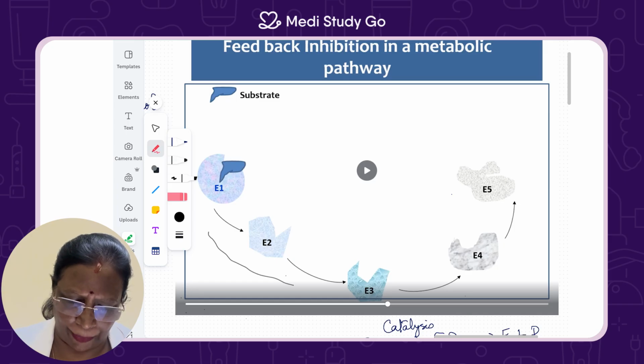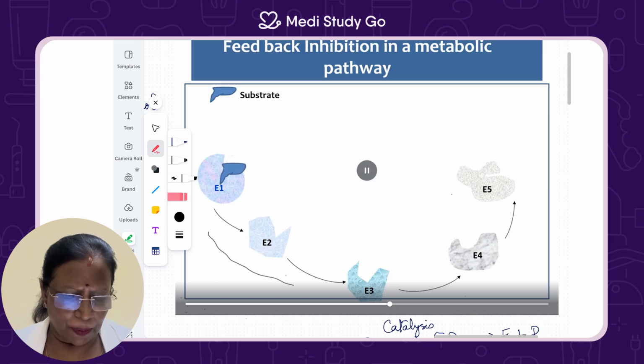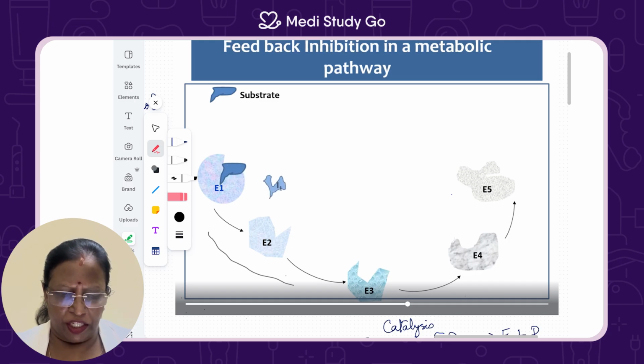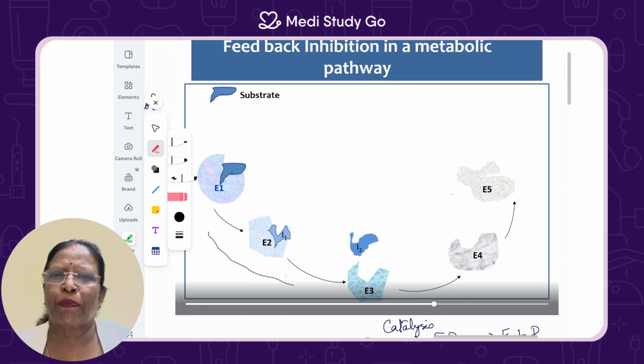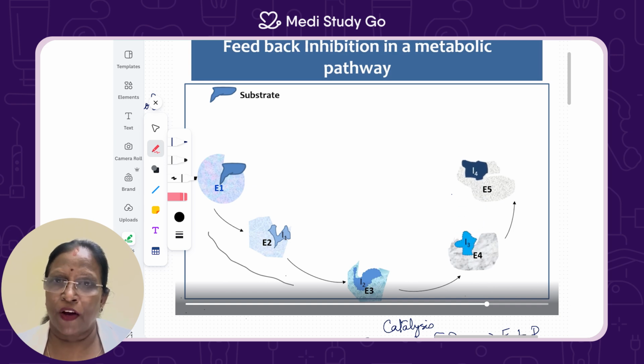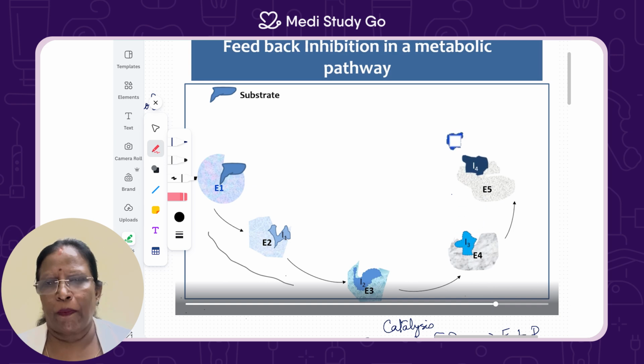So let's see what will happen. Now the substrate will bind to the active site of enzyme 1, give rise to intermediate 1, which binds to enzyme 2, gives rise to intermediate 2, which binds to enzyme 3, gives rise to intermediate 3. Intermediate 3 will bind to enzyme 4, gives rise to intermediate 4, and that will bind to enzyme 5 and give rise to the end product.